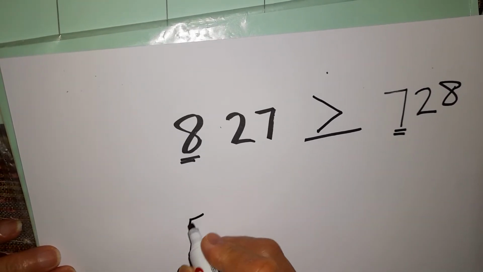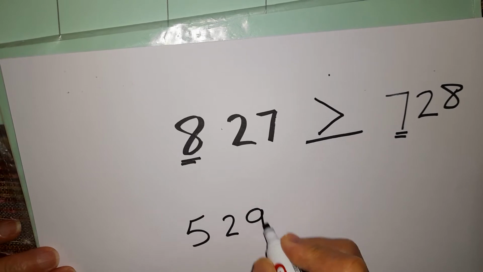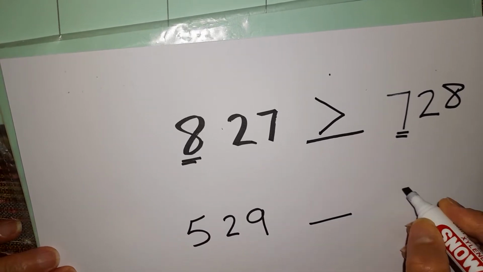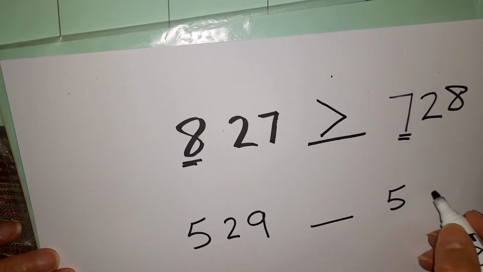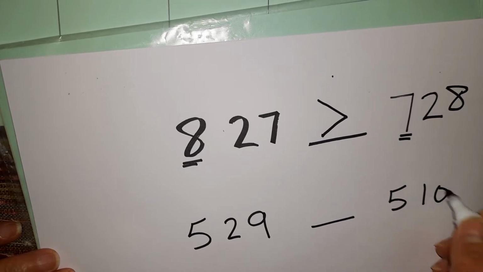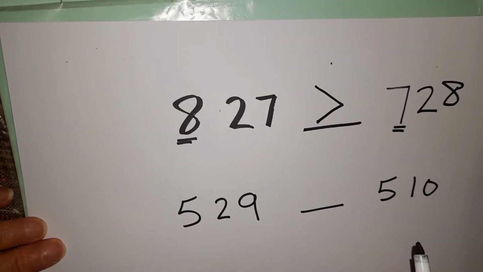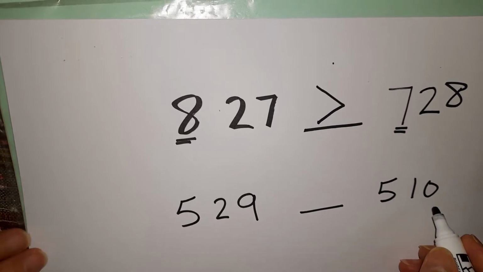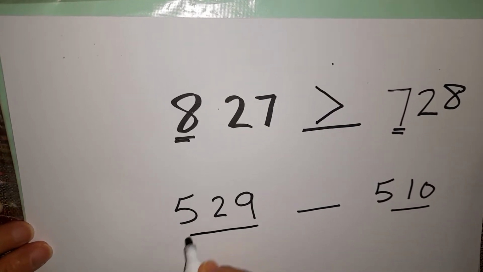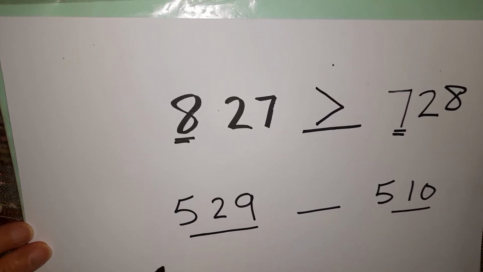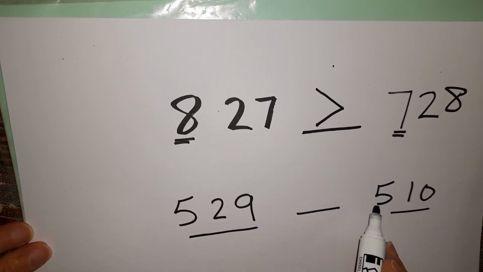What if I have the same digit in the same place? For example, 529 and 510. Now, if you compare the numbers, first compare how many digits. 3 digits, 3 digits, they are equal. Start comparing the digits in the place value chart.